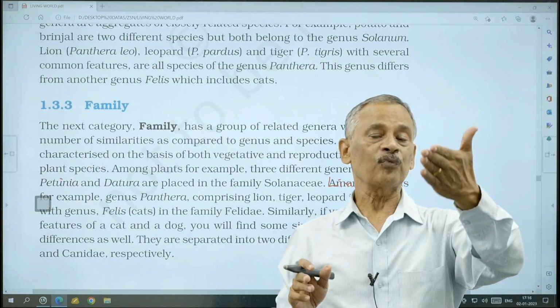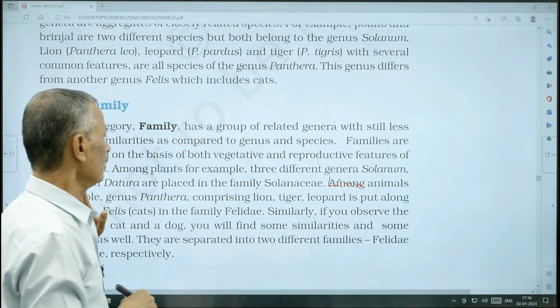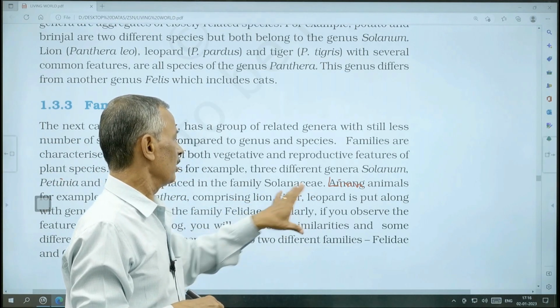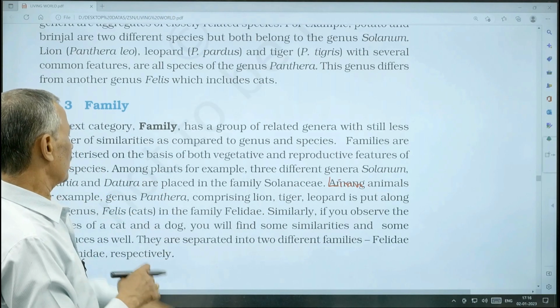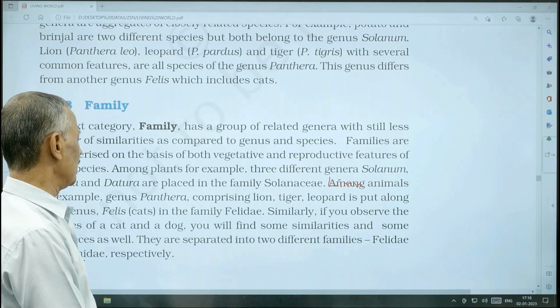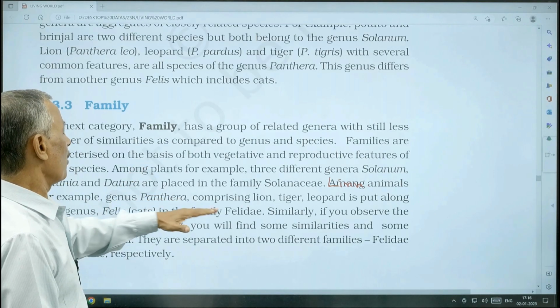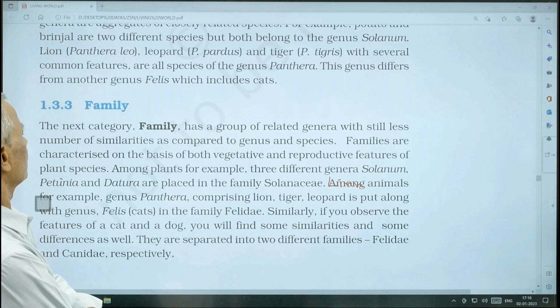When we go to family, there will be different genera. For example, lion, tiger, leopard, they are all coming under Panthera. Similarly, cats come under Felis. Felis, Panthera, etc. come under the same family, Felidae.